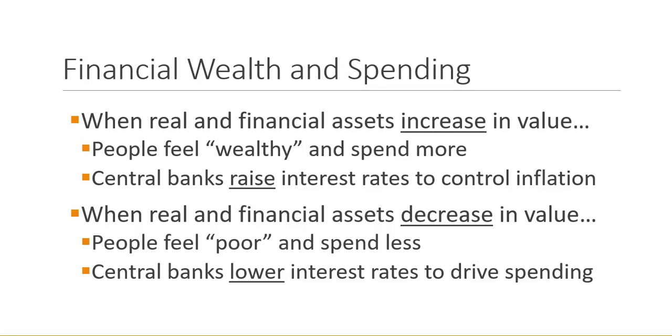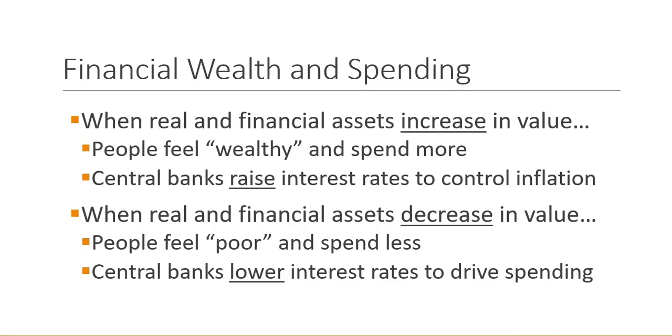On the other hand, when there is a decrease in asset values, then people feel poor, they tend to spend less, and a country will want to encourage spending, and central banks tend to lower interest rates in these situations. Lower interest rates encourage borrowing. Borrowing isn't as expensive.